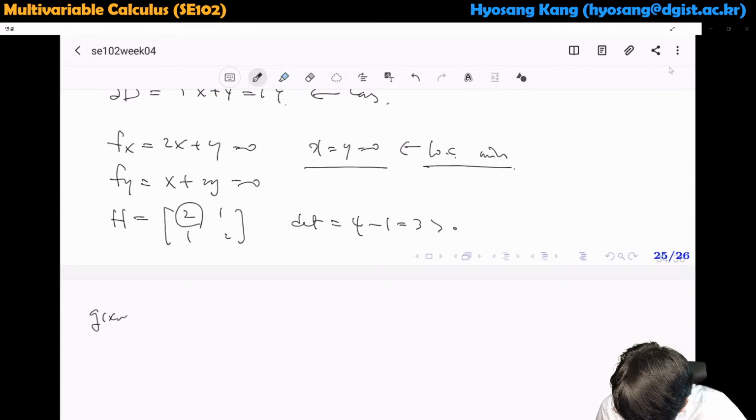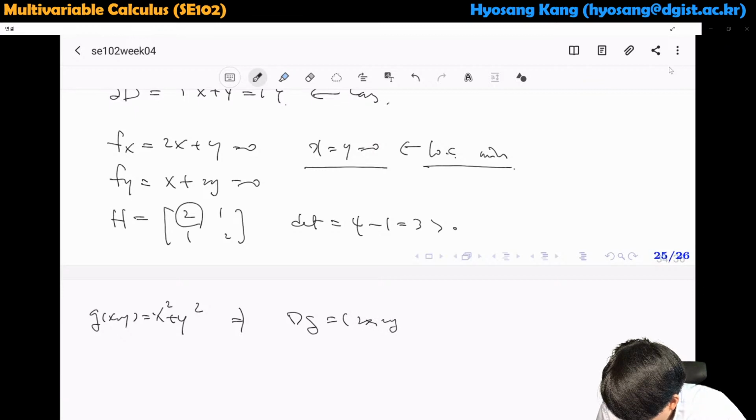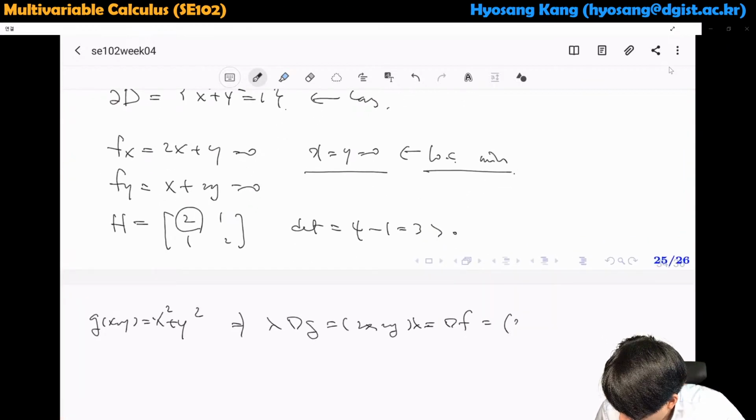We have g(x,y) set as x squared plus y squared, and grad g times lambda equals gradient f, which is (2x plus y, x plus 2y).